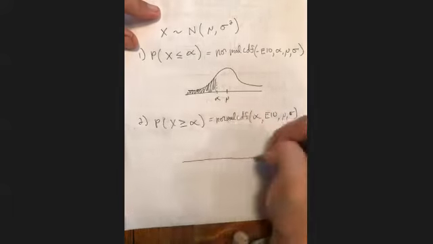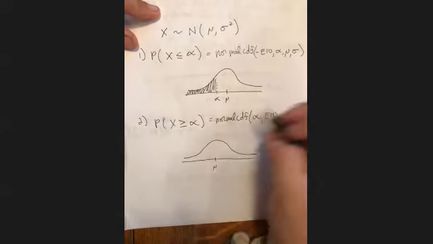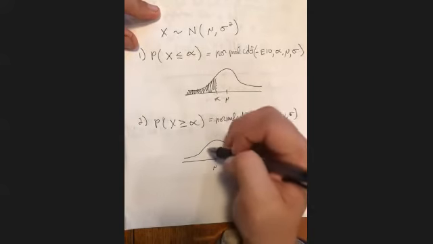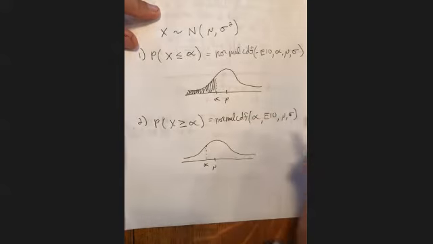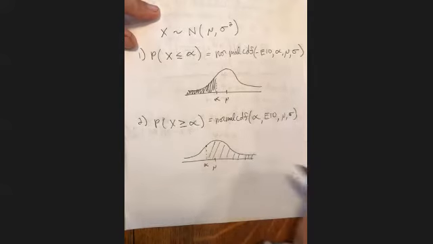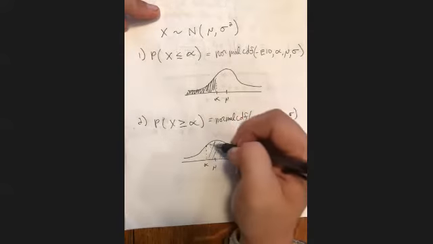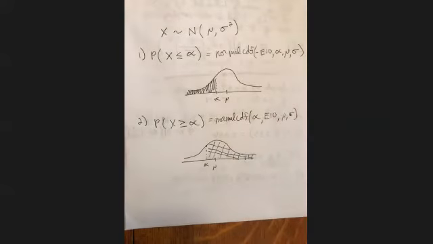In terms of a picture, we've got our bell curve, we've got our mu. Alpha could just be in the same place. And so we're computing the area of the shaded region here.